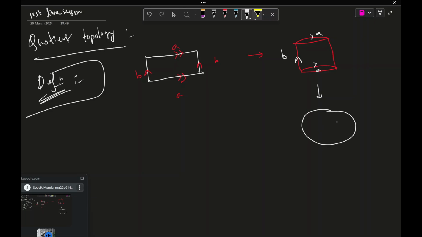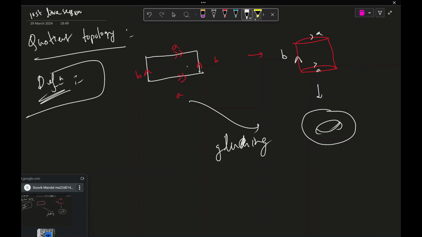This is what we will get, right? This looks like a torus. So after doing the edge identification, what we are doing is something known as gluing.